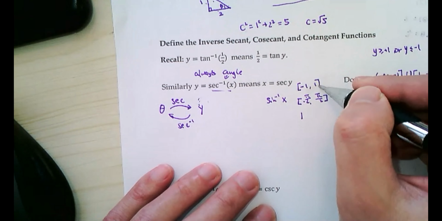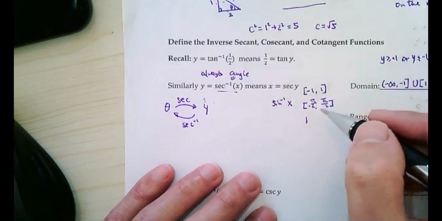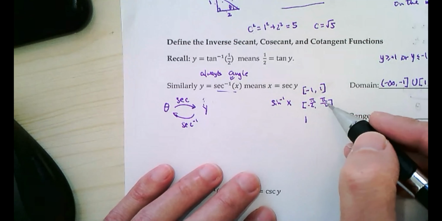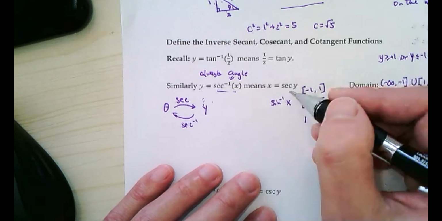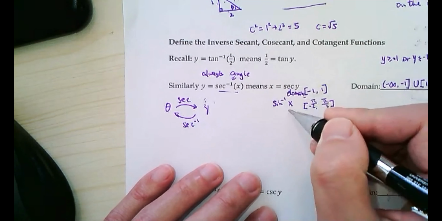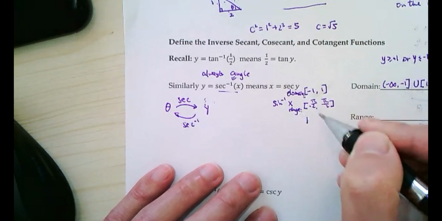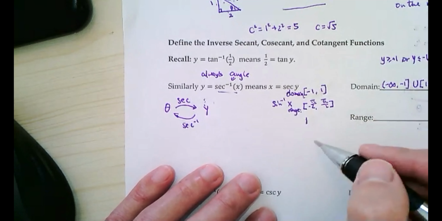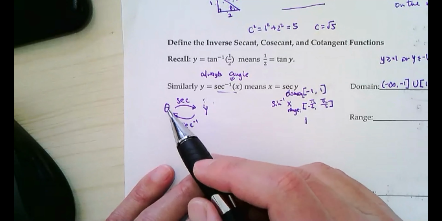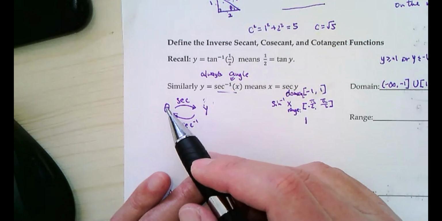The domain is negative 1 to 1. The new range after such a restriction is negative pi over 2 to positive pi over 2, right? This is for inverse sine, domain and range. So what are our values here after such a restriction?